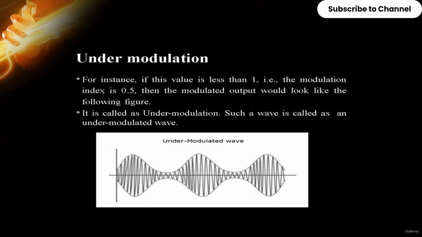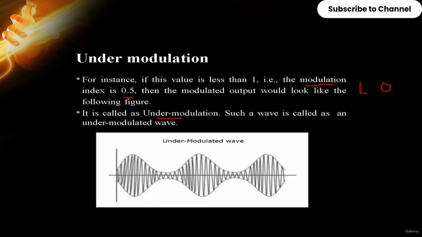Now we are going to discuss under modulation. In some signaling in transferring messages, the modulation index is fixed at 0.5. But some signals are under modulation, where the modulation index is less than 0.5.